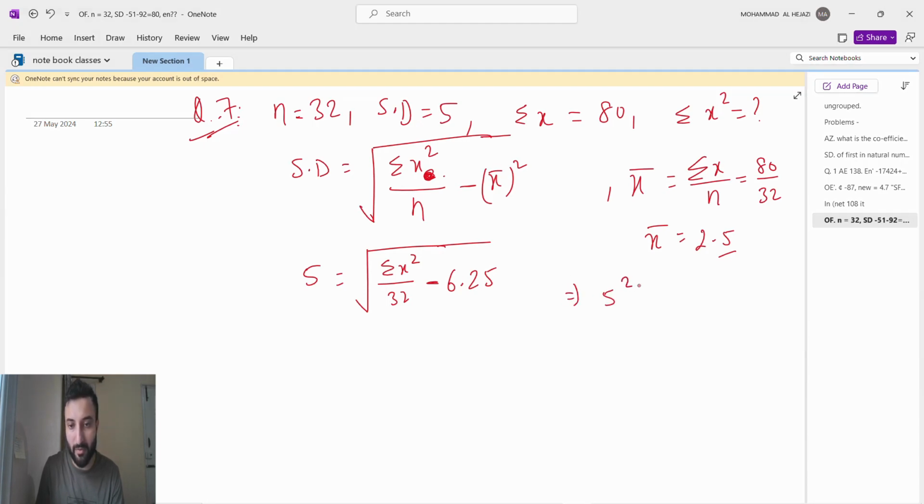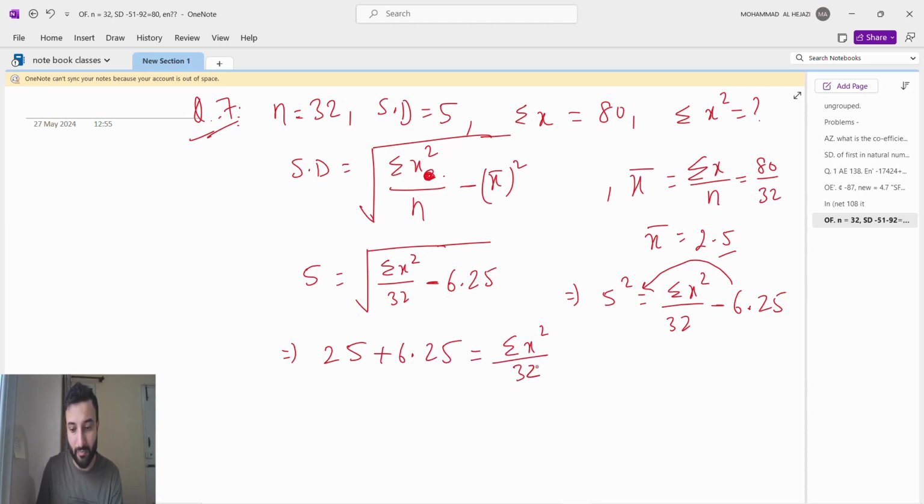So 5 square is 25 equals summation of x square by 32 minus 6.25. Guys, no one should make the mistake: don't send the 32 here and multiply. First we will send this, minus will go that side and become plus. 6.25 equals summation of x square by 32.